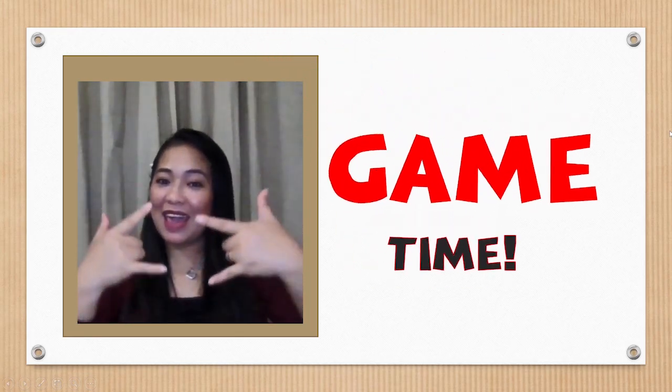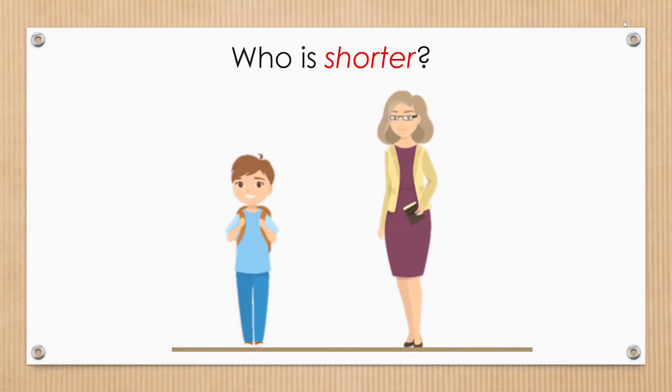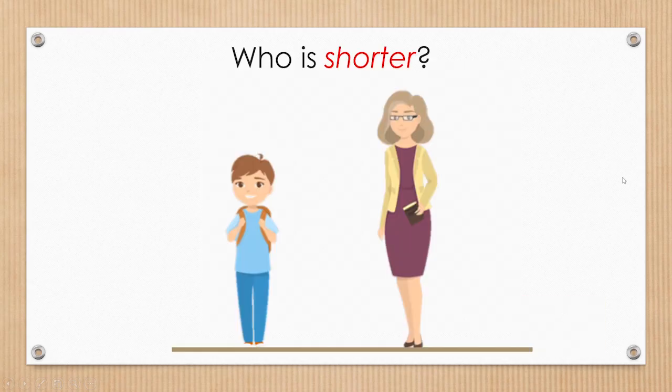We are down, children, to a very exciting part of this lesson, and that is the game time. Here is our first question. Who is shorter? It's quite clear, right, children? This boy is the shorter one, and we got it. Let's move on to the next one.